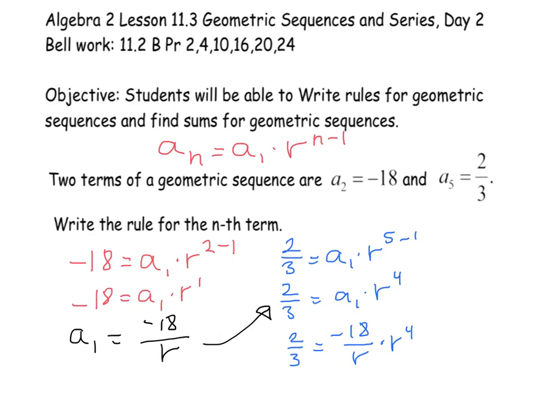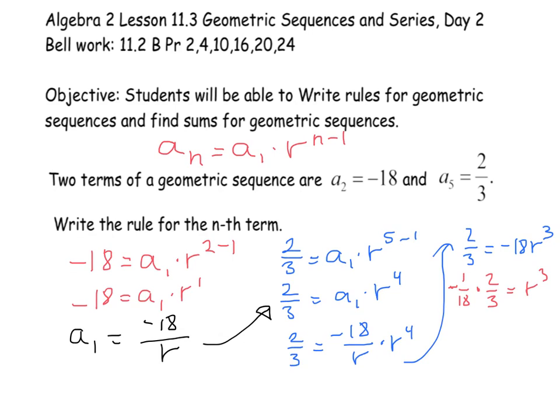If I simplify by r, I end up with 2/3 equals negative 18 times r to the 3rd power. If I divide by negative 18, or multiply by the reciprocal, I get negative 1 over 18 times 2/3 equals r to the 3rd power.